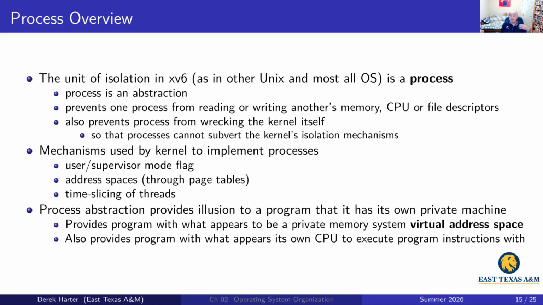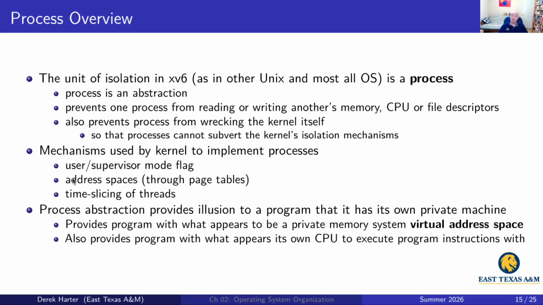It's very important that it sets up this isolation so that they can't, either accidentally or on purpose, mess with one another. Not to mention, this isolation also goes for preventing processes from messing with the operating system kernel itself, right? So, all the same things.